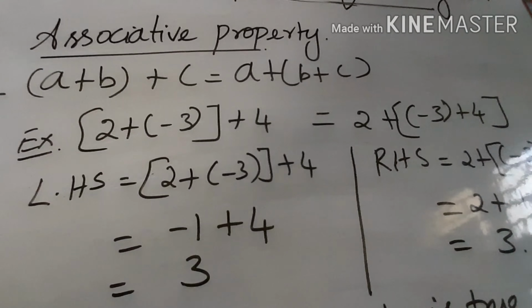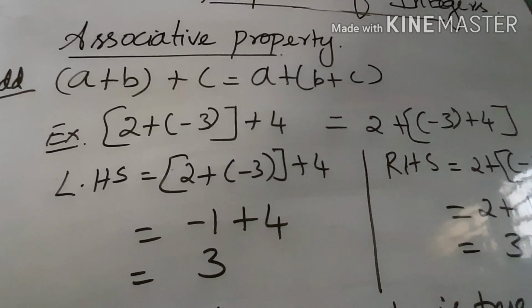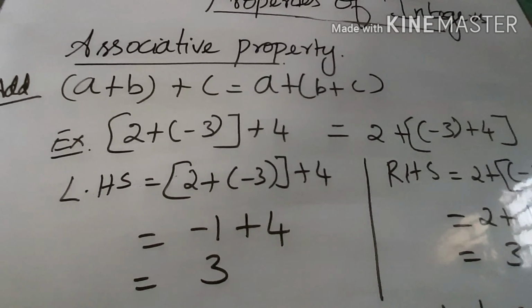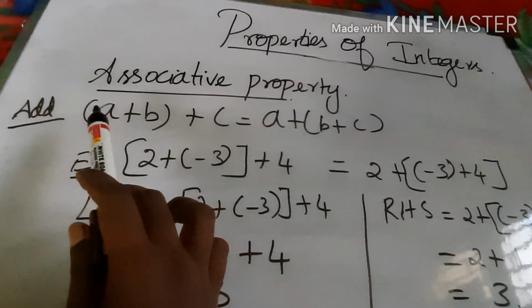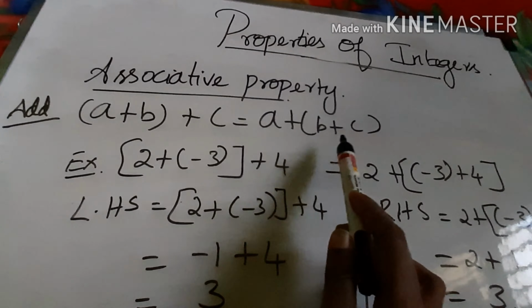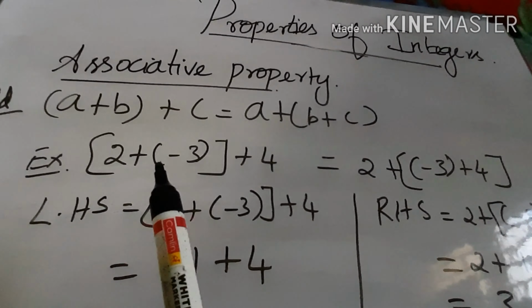Then the next one is the associative property. The associative property is a plus b in a bracket, and then plus c, equal to a plus the bracket of b plus c, where we change the bracket to the last two numbers.